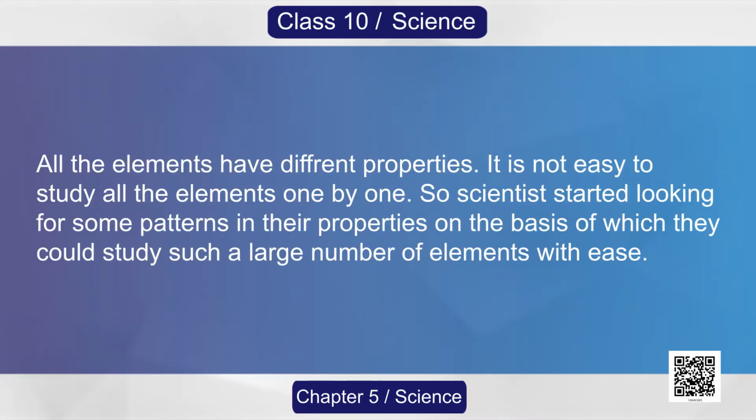So let us start. We know all the elements have different properties. It is not easy to study all the elements one by one. So scientists started looking for some patterns in their properties, on the basis of which they could study such a large number of elements with ease.